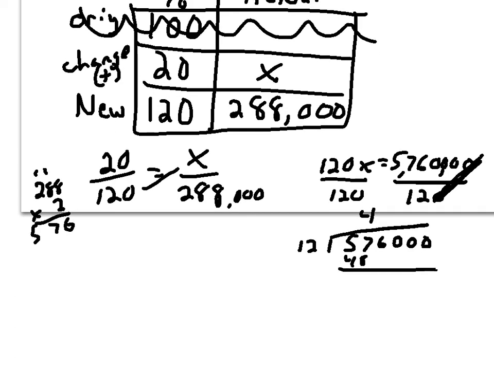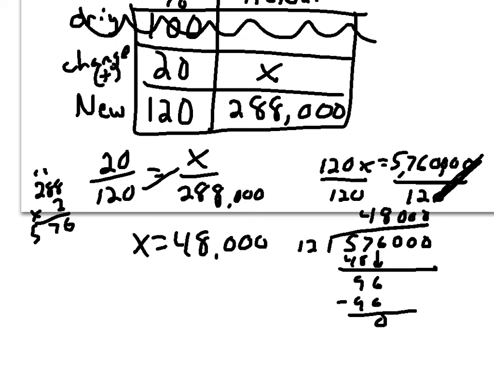And if we subtract, 57 minus 48 is 9. Bring down the 6. 12 goes into 96 8 times, and 12 times 8 is in fact 96. So we get 0. And since we got a 0 there, all we need to do is add on the zeros from the spot where we ended. So I'm going to put these 3 zeros on the end. So the answer is x equals 48,000.